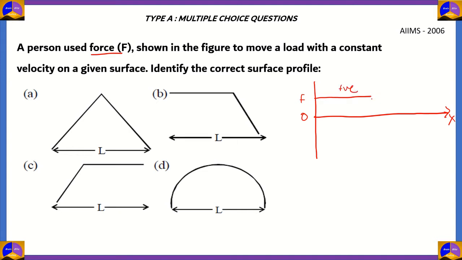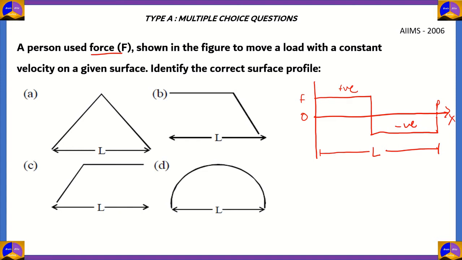Constantly he is applying a positive force, and then suddenly the force becomes negative. And then at a particular point it stops, and it is going across a length, say L, since it's a force displacement graph. So the distance between 0 and this point, say P, is equal to L.